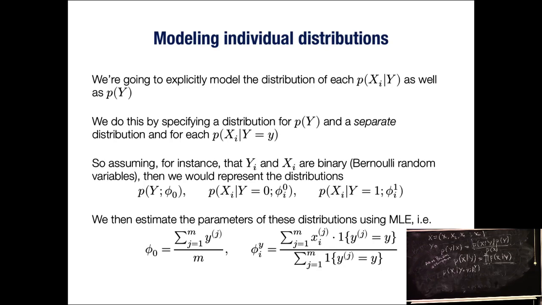So again, this y here varies over 0 and 1. We do this once for all the times where y is equal to 0, and once for all the times where y equals 1, and we just compute the probabilities there. I have an example in a second that we'll go through, which will hopefully make this a little more clear. But that's the way you estimate these parameters. These things just fall out of maximum likelihood the same way our Bernoulli example worked before.